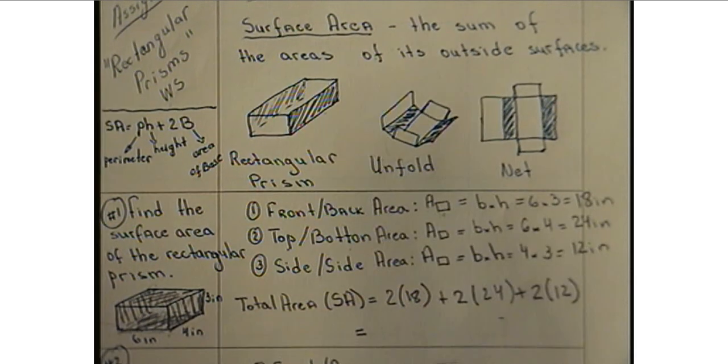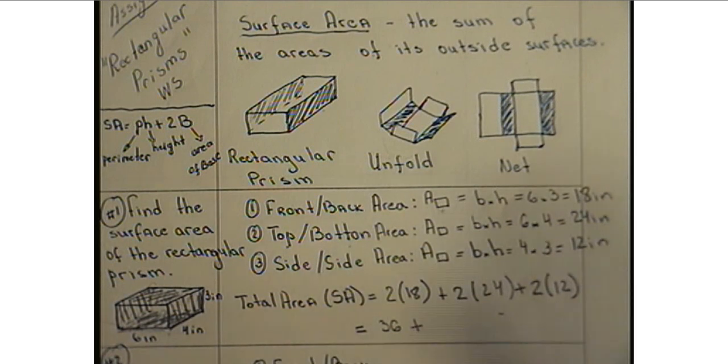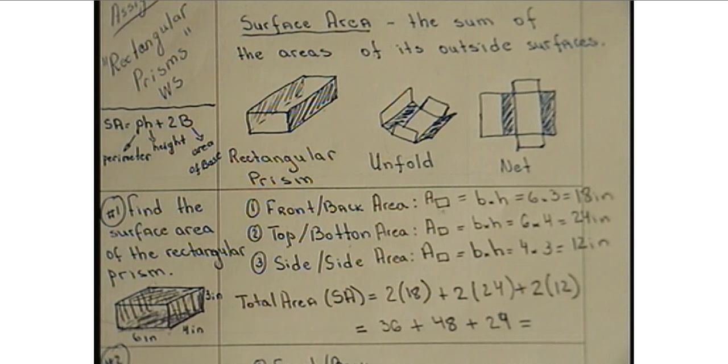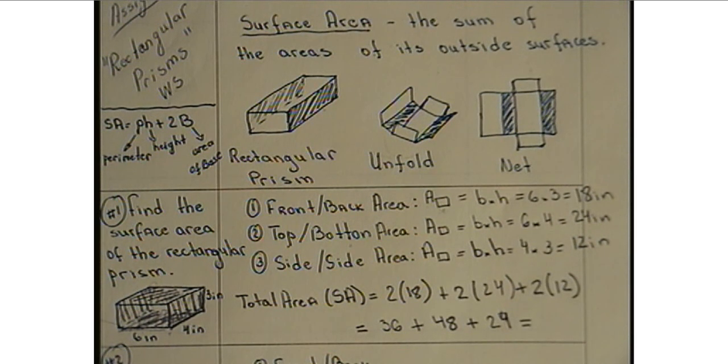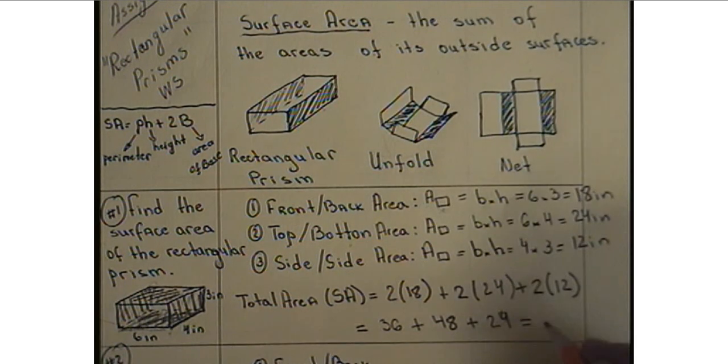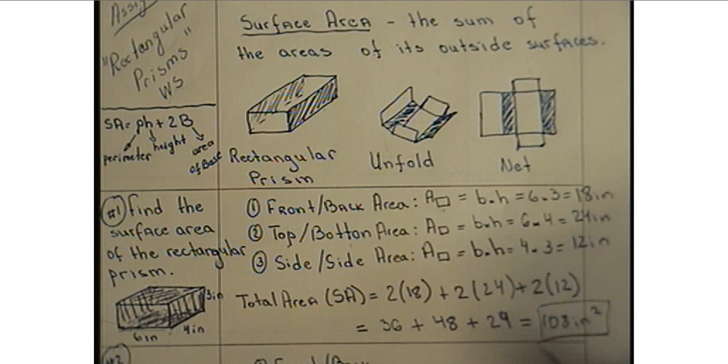So 2 times 18 is 36, plus 2 times 24 is 48, plus 2 times 12 is 24. When we add all those together, we will get the total surface area. I'm going to use the calculator quickly just to make sure all the calculations are right. Okay, so 108 square inches will be the surface area of this prism.